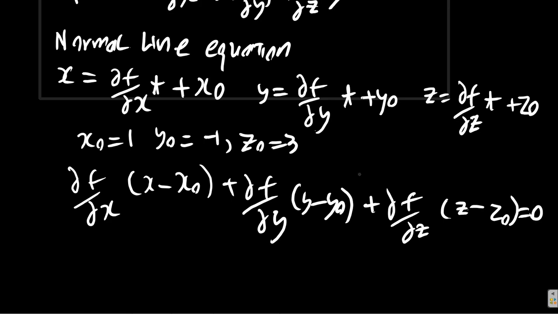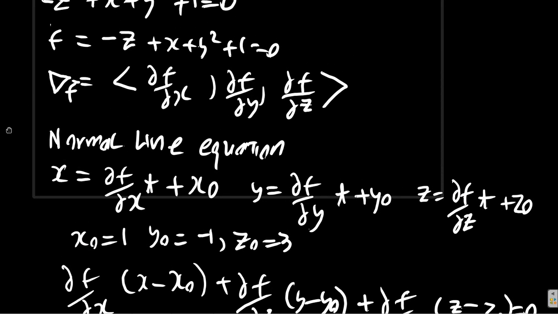Now, remembering the normal line equation, you could remember your y equals mx plus c, where m is your gradient. When you differentiate, you have a gradient function times the independent variable plus the y-intercept in the case of a straight line, as we did before, but here it is y0, and the x and the z are written in the same way.